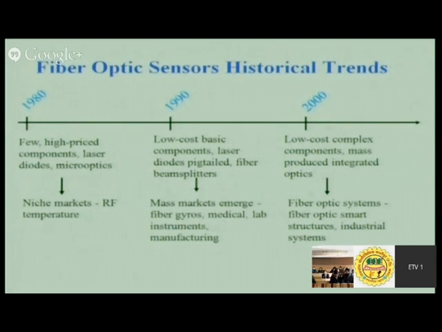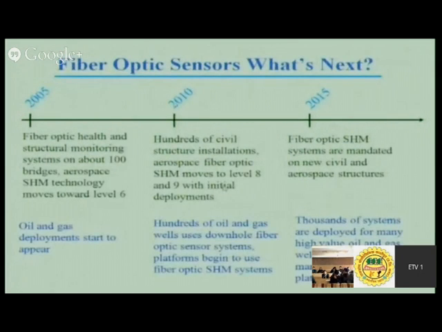Low cost compared to fiber optic systems, smart structures, industrial systems have evolved with the optical fiber. Then of course today you see fiber health monitoring, structure monitoring, and oil and gas deployment starts. Similarly, civil structures now use the optical fiber sensor. In fact, in some areas it is mandatory that the optical fiber sensor has to be there.